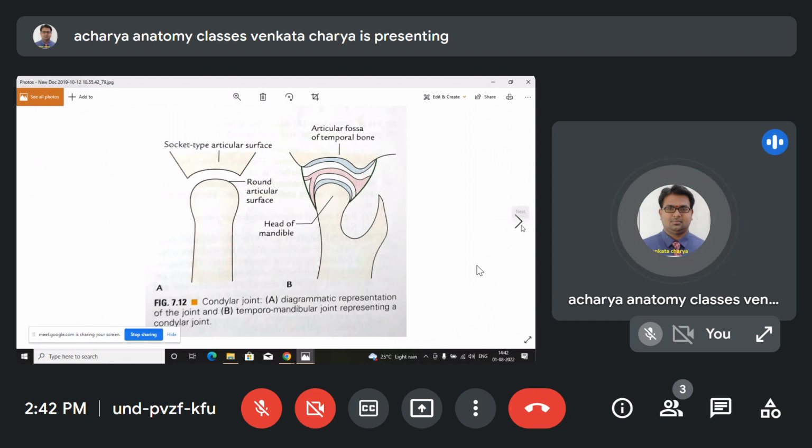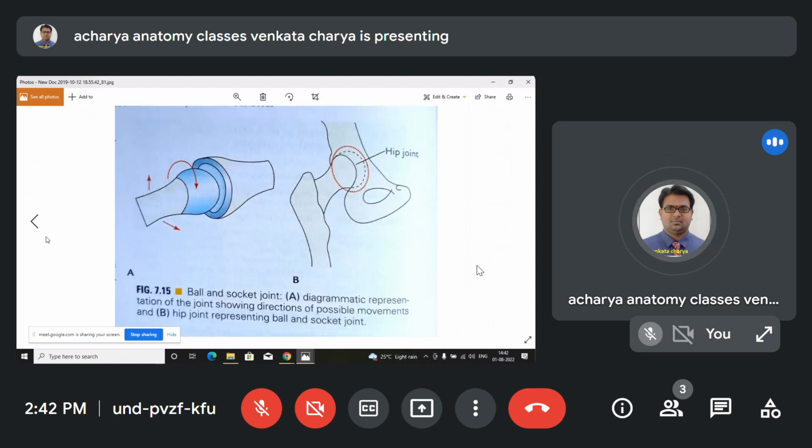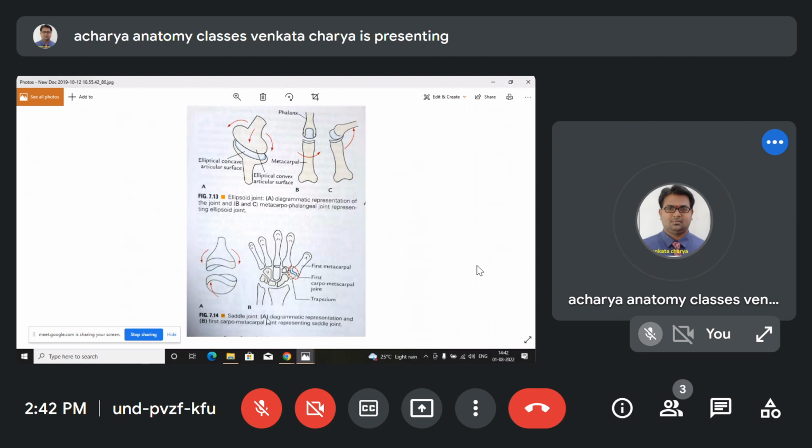Come to the next one. Saddle type. Saddle type example is the carpo-metacarpal joint, the first carpo-metacarpal joint.